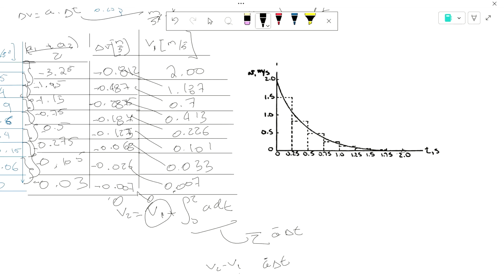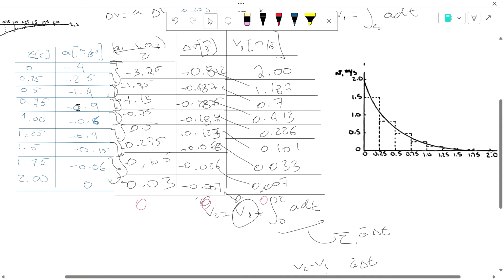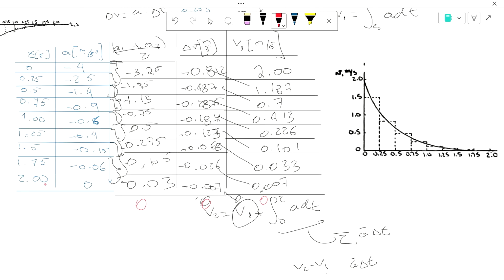Because it's coming to rest, which is 0 value right here. All right, so at 2 seconds, we're at 0. And actually, if I did my table correctly, this 2 needs to match with those.